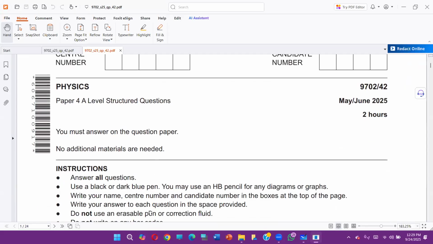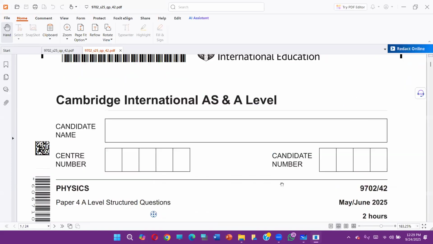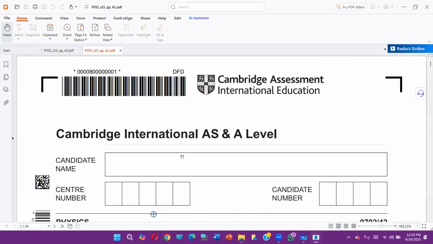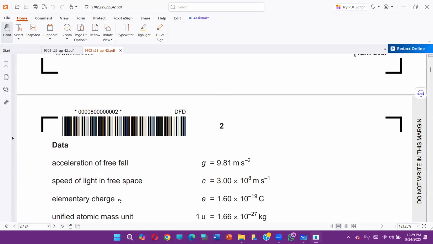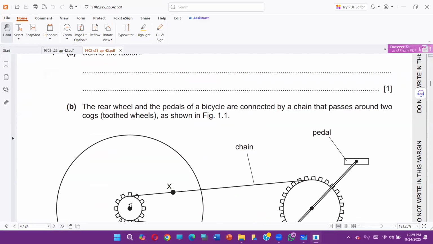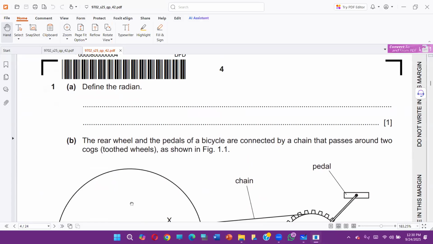This is the paper June 25, paper 42. I'm starting with question number 1, their favorite definition. You can write on this. You can put your name on it and put it in your past paper books for record.